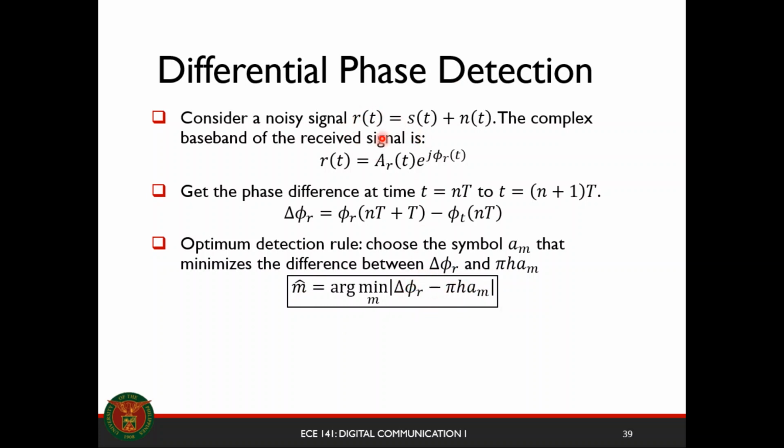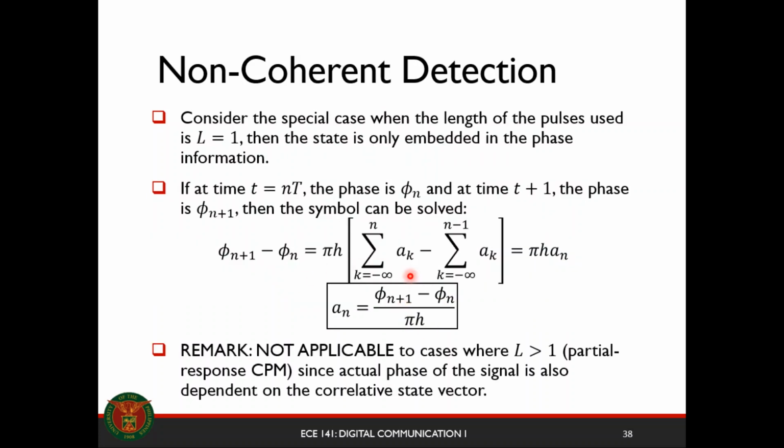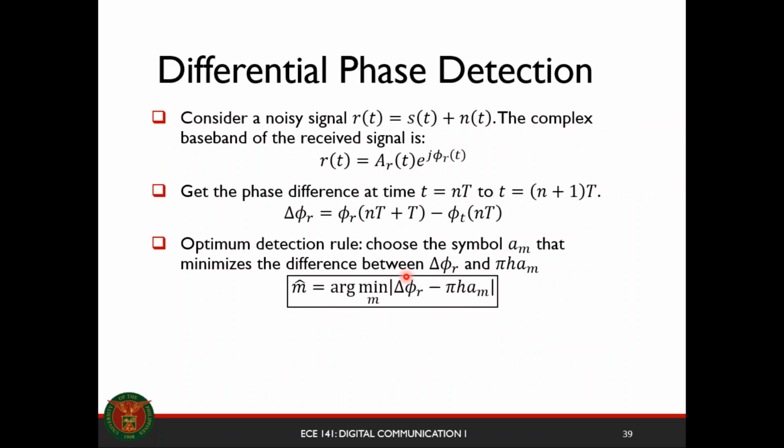So in this case, it's now a noisy signal. You're bound to have some difference between your received phase and your transmitted phase. So you're going to minimize the phase difference, okay? So based on this definition, you're going to minimize this expression and you choose the symbol m that minimizes that.